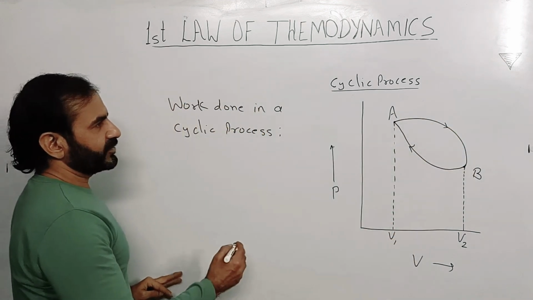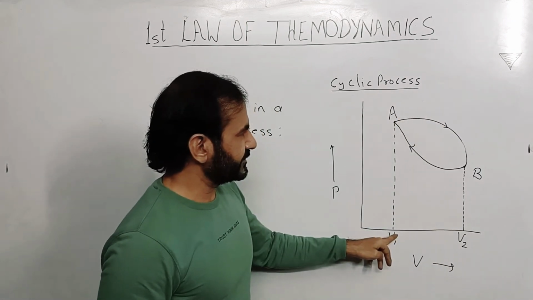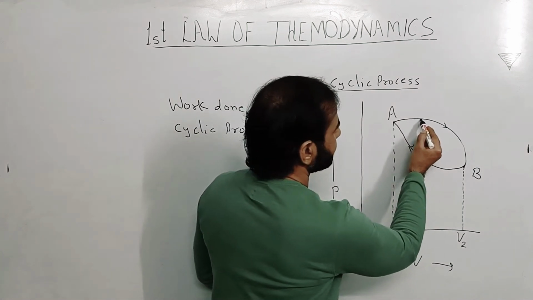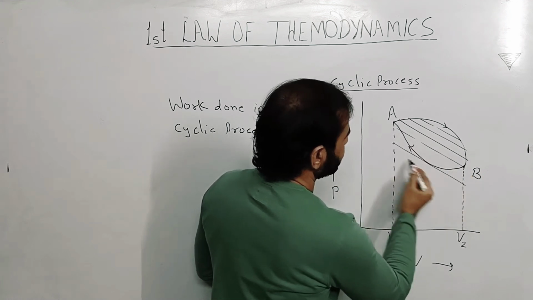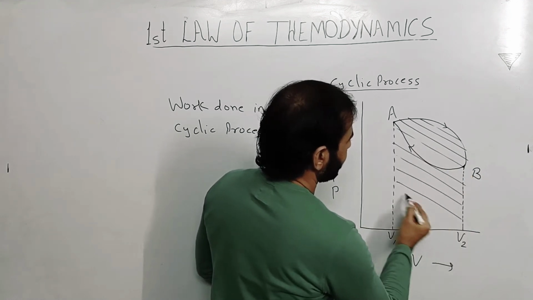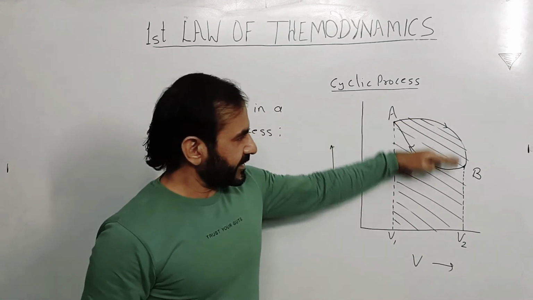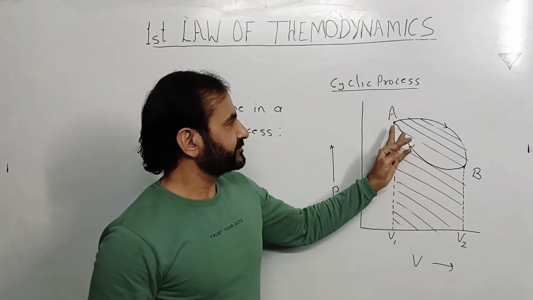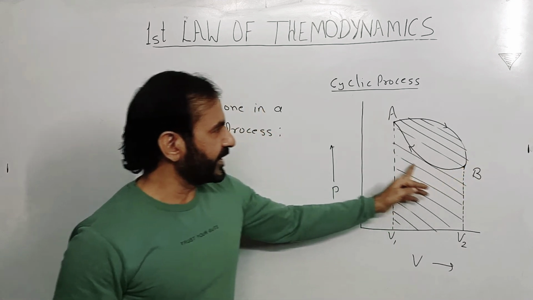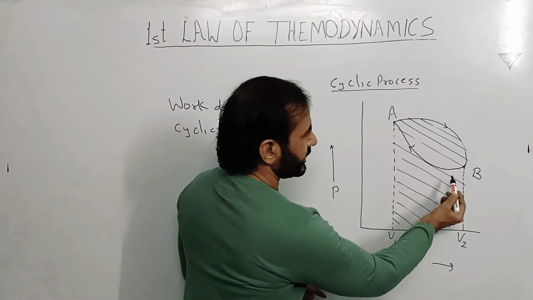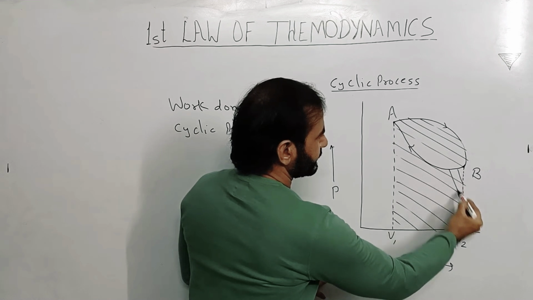So from A to B, the work done will be the area enclosed by the graph with the volume axis. That is this area. This area gives the work done by the system in going from state A to B. Now, the system is returning from B to A. So the work done will be the area enclosed by the graph with the volume axis, that is this one.